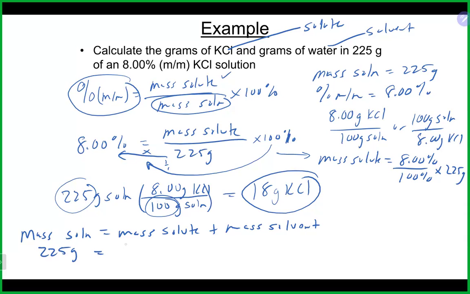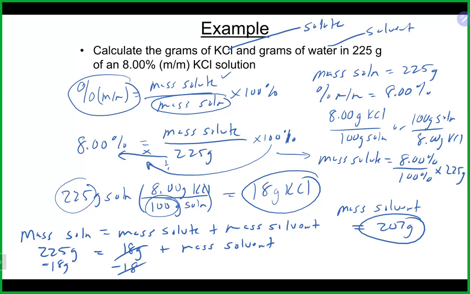We just figured out that I have 18 grams of my solute plus the mass of my solvent. That means I'm going to subtract 18 grams from both sides. And that will give me that the mass of my solvent, or water in this case, should be about 207 grams. Any questions on that one there?